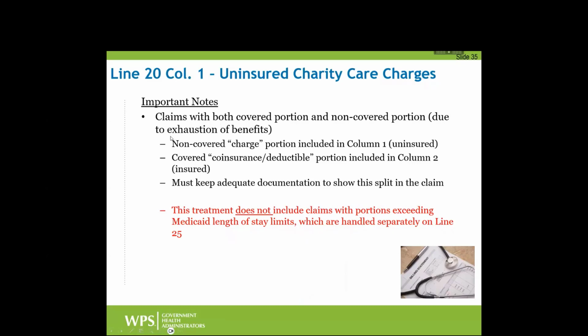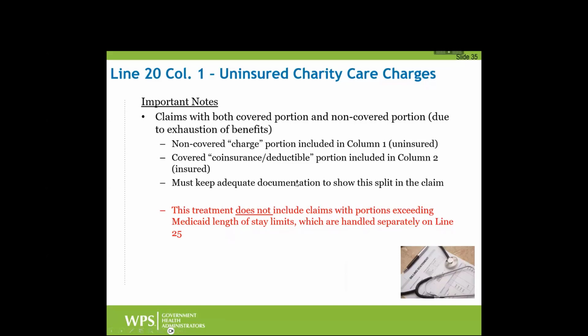But in any case, if it's due to an exhaustion of benefits where part of the claim is non-covered and part of the claim is covered, for those situations, you'll split the claim. The uninsured column will report the charges for the non-covered portion, and column 2 for insured will support the coinsurance and deductible amount for the other part of the claim.